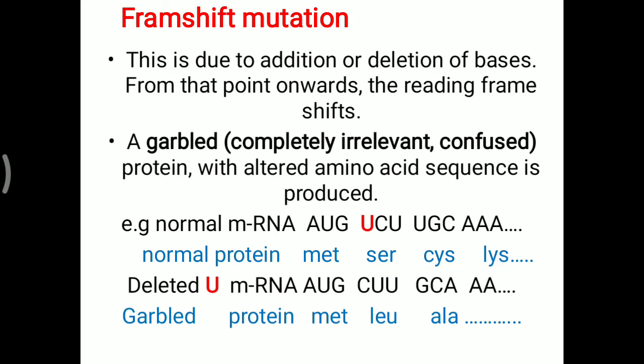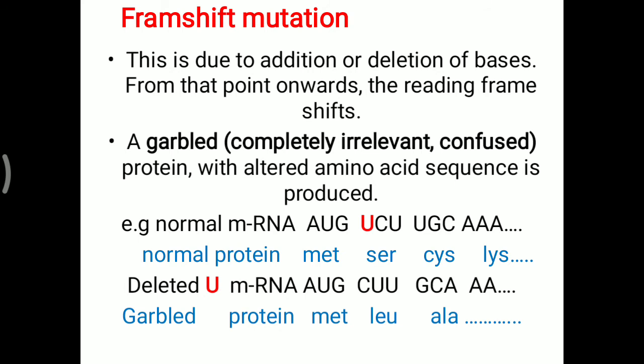But due to deletion, suppose in AUG the next U is deleted. Then the next codon is CUU, so instead of serine, leucine will be present in a garbled or abnormal protein. That creates the frame shift effect. In the same way, addition of any nitrogenous base also leads to a frame shift mutation.